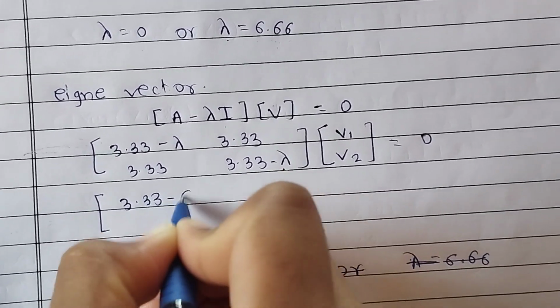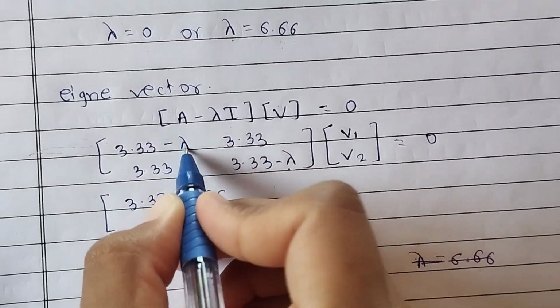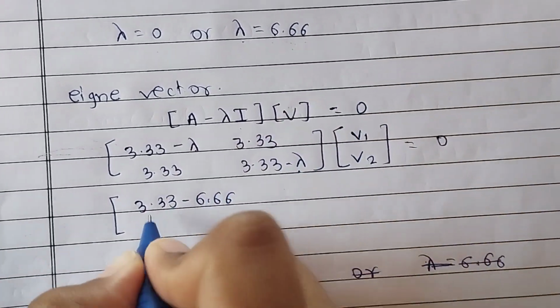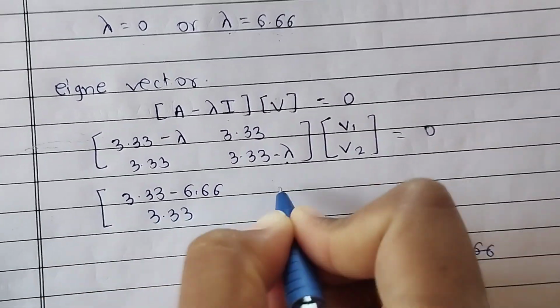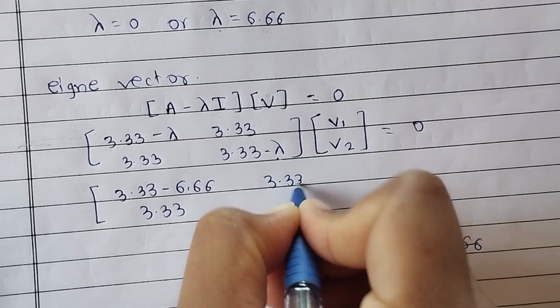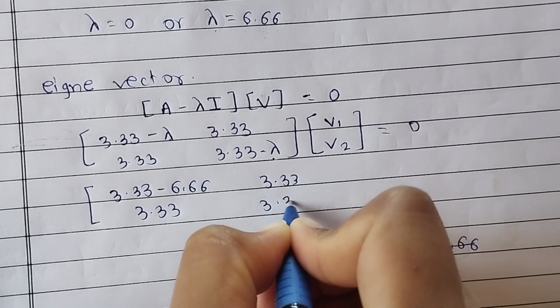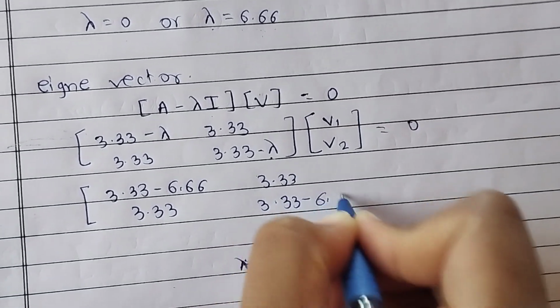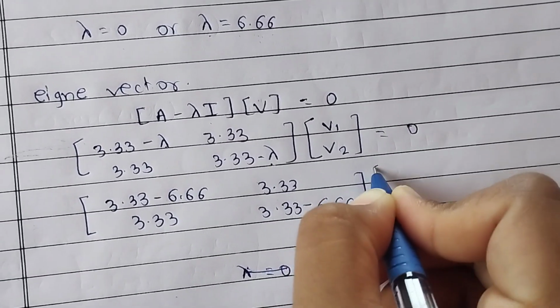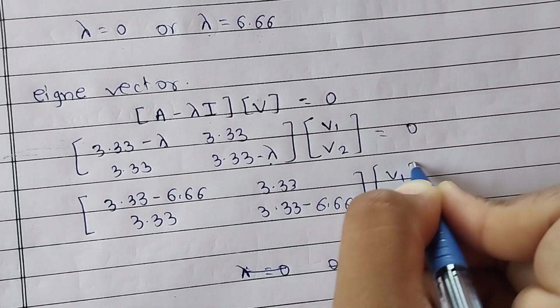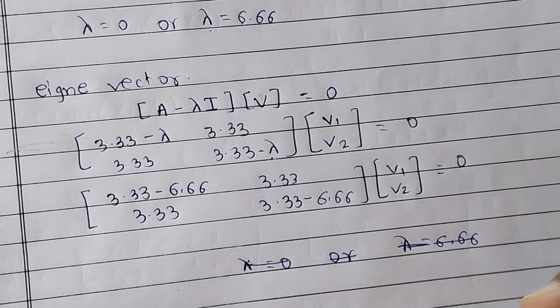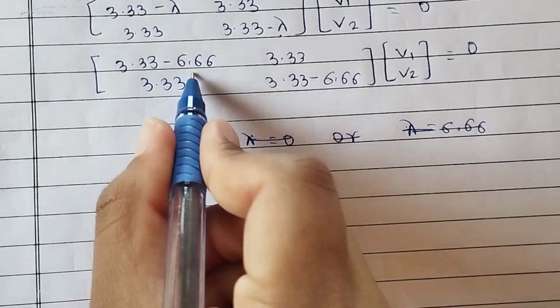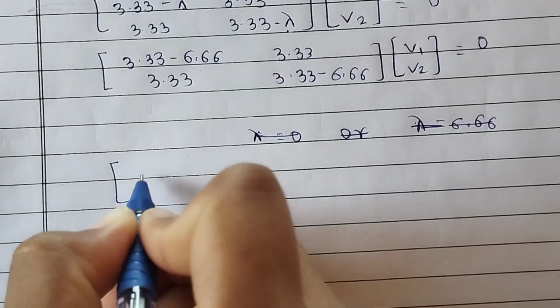3.33 minus 6.66, we put the value of lambda. This 3.33 as it is, 3.33 as it is, 3.33 minus 6.66 into v1 v2 is equal to 0. Now just simplify this.